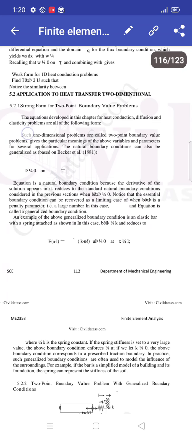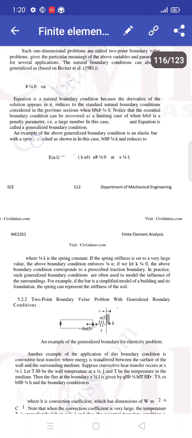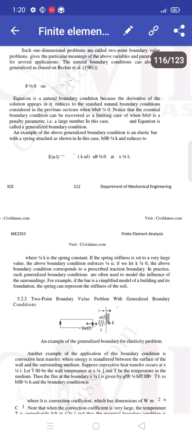An example of the above generalized boundary condition is an elastic bar with a spring attached as shown, where k is the spring constant. If the spring stiffness is set to a very large value, the above boundary condition enforces zero for u. If we let k equal zero, the above boundary condition corresponds to the prescribed traction boundary.